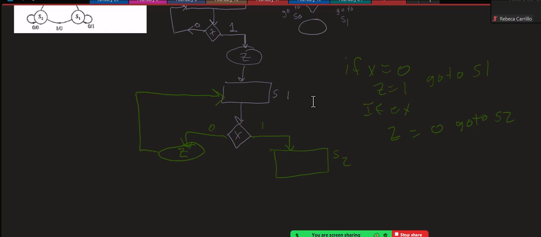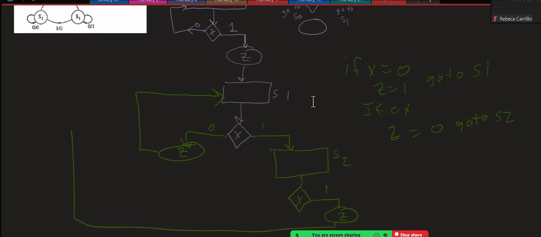And then, so this is state S2. From S2, if x is 1, my output is 1. So here's x, and if it's 1, my output is 1, so I'll put a z, and my next state is S0.